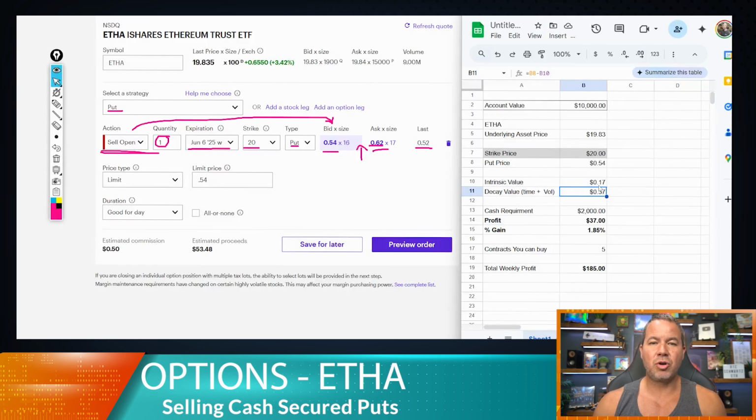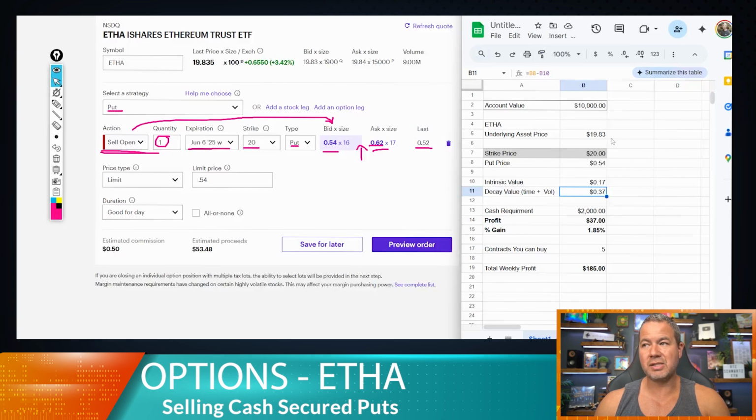So in these options, the time value, or the volatility, will always go to 0. And that's what we're basically trying to make on all of these options, because they will go to 0. The intrinsic value will not always go to 0. It'll go to 0 if the strike price is at or below the underlying asset price at the time of expiration.